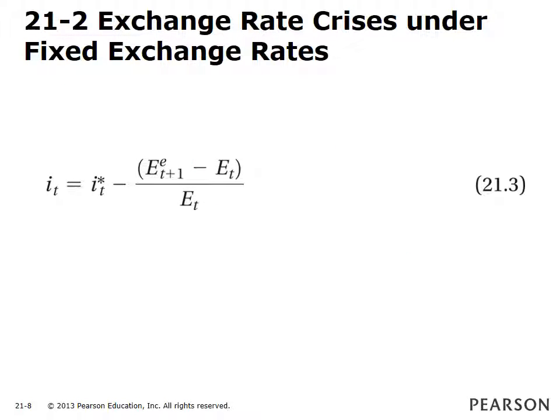Equation 21.3 restates the interest parity condition. In words, it says the domestic interest rate must be equal to the foreign interest rate minus the expected appreciation of the domestic currency, or the domestic interest rate must be equal to the foreign interest rate plus the expected depreciation of the domestic currency.